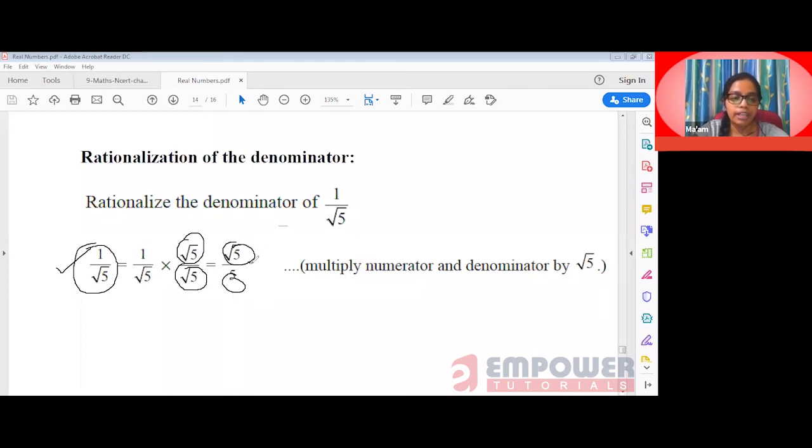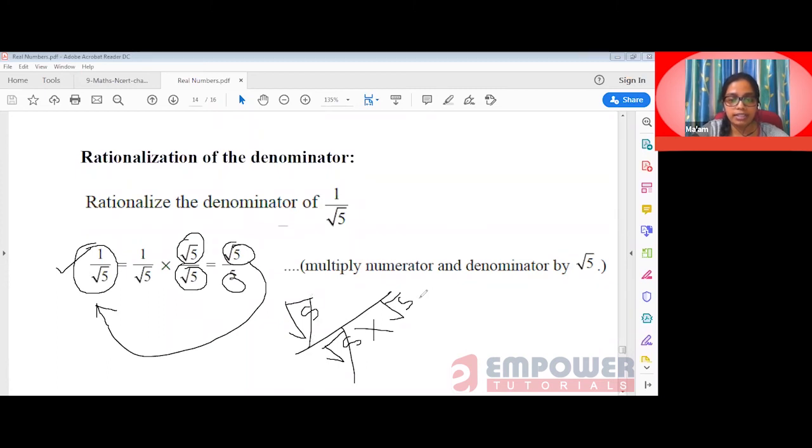If you again want to change into this form, you just take root 5 as common, and this will get cancelled, and I will get my original form. So that's why we multiply and divide with the same rationalizing factor, because we don't want to affect our original fraction. You need to remember this.